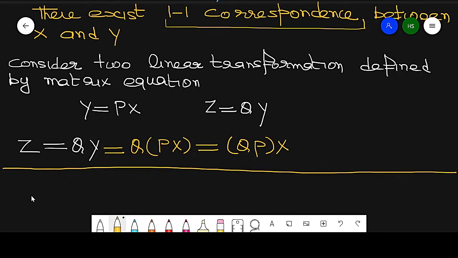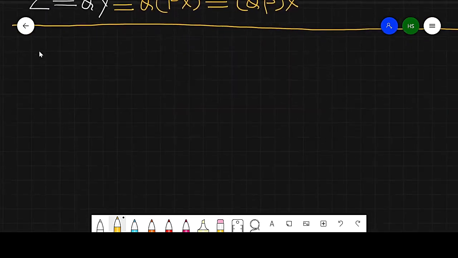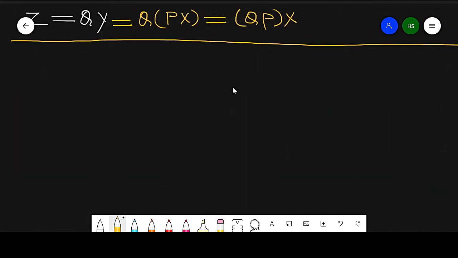Now in order to understand this concept, I am taking an example.